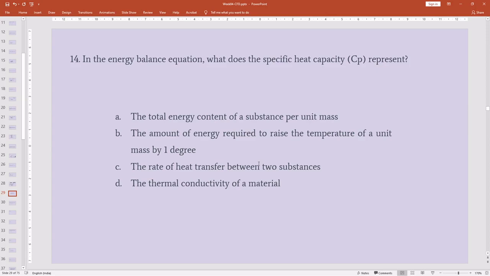In the energy balance equation, what does the specific heat capacity represent? Simple question. Option A, total energy content of a substance per unit mass. Option B, amount of energy required to raise the temperature of a unit mass by 1 degree. Option C, rate of heat transfer between two substances. Third, thermal conductivity of a material.